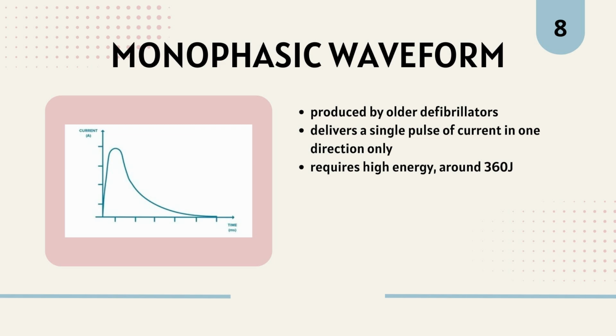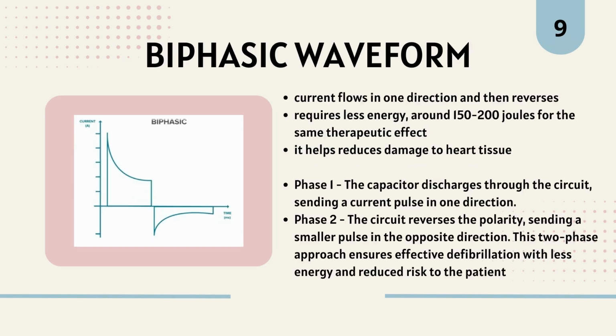Monophasic waveforms also require high energy, which is around 360 joules. For biphasic waveforms, however, the current flows in one direction then reverses. This requires less energy, which is around 150 to 200 joules for the same therapeutic effect. It helps to reduce damage to the heart tissues.